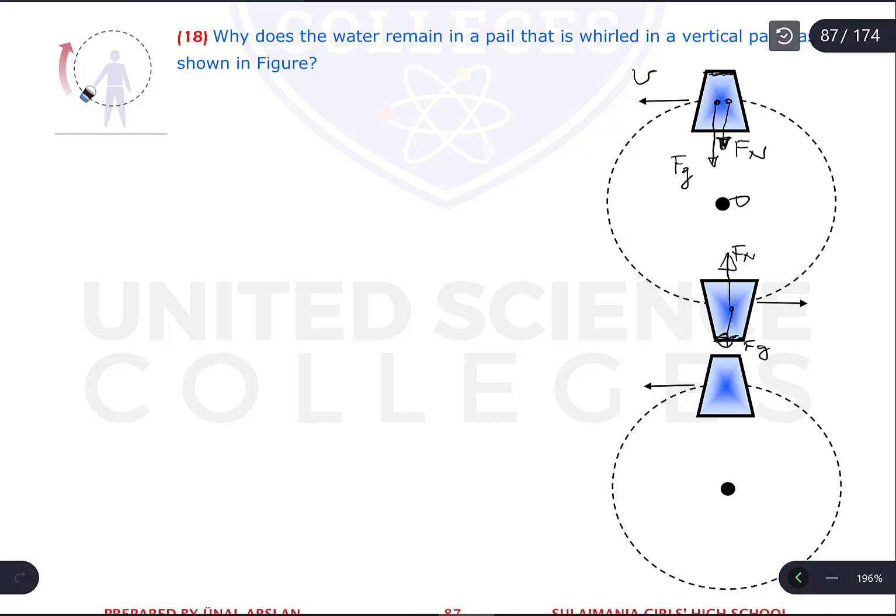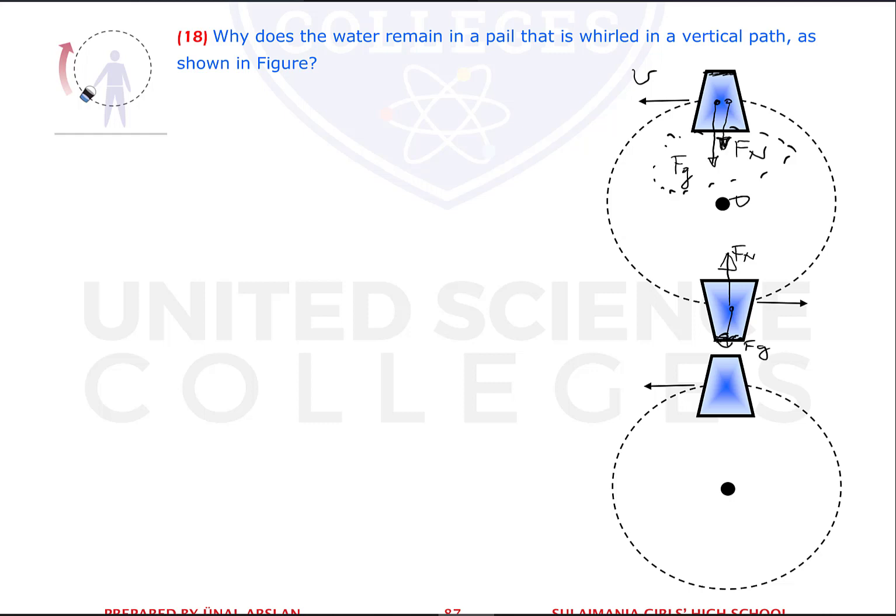So assume that you are causing this pail to follow a circular path with a speed of v. The vector sum, the resultant of these two forces, must be the centripetal force.